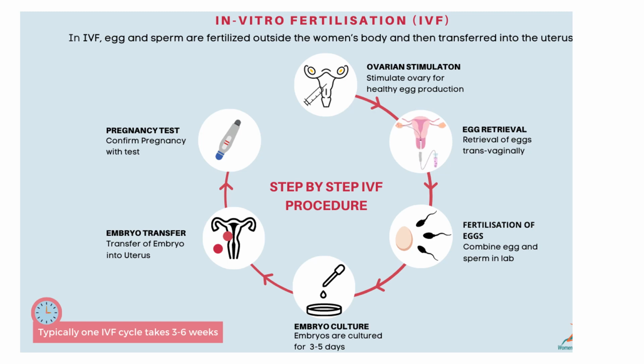Now we will see in vitro fertilization. When a female partner has normal ovarian function and a normal ovarian cycle, but she is unable to reproduce because there is bilateral obstruction of the fallopian tube, in such cases in vitro fertilization is done.